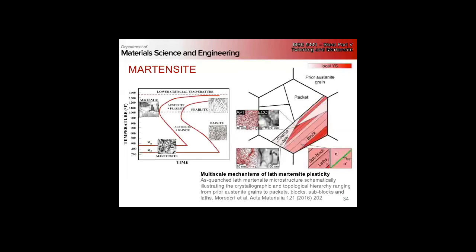We have a structure that forms with packets, where all the martensite variants share the same habit plane, and then block boundaries where you have the shear direction on the habit plane, and then the individual variants, which form your subblock boundaries, which share the parallel directions in your martensite.